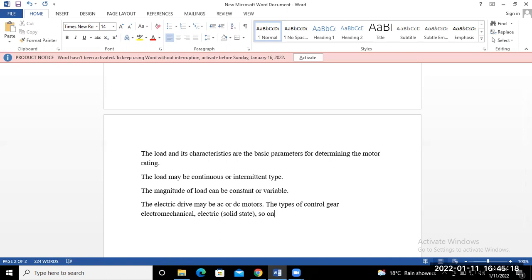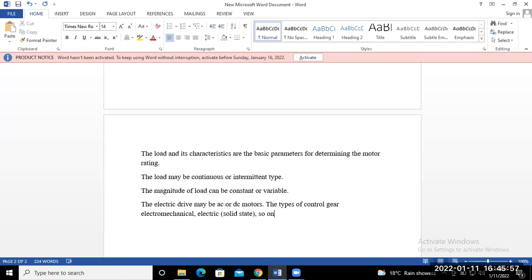Okay, so this is the basic introduction of electric drives, which we can use in industrial, domestic, and other application areas. You have to find the various types of electric motors used, either DC motor or AC motor. We already covered the motor portion in the previous class, in electrical machines.